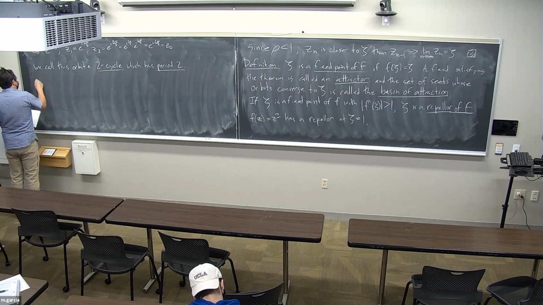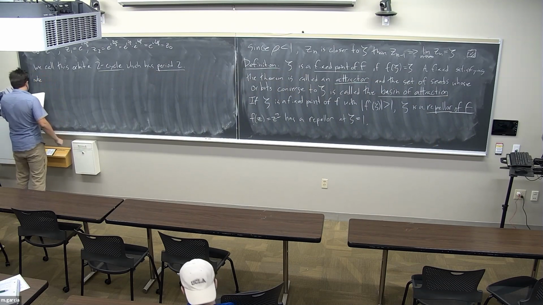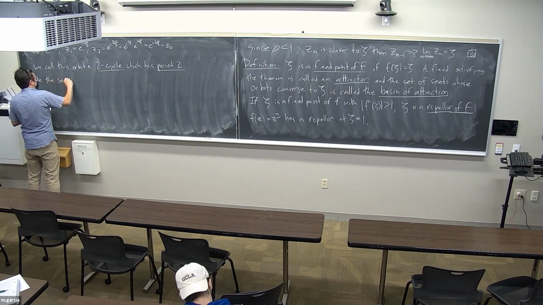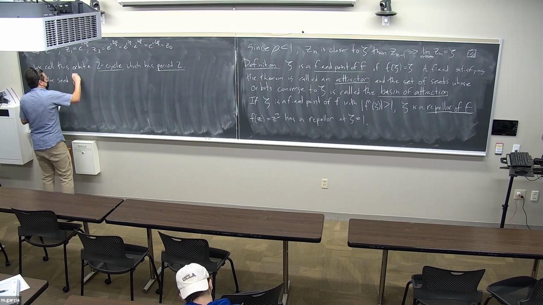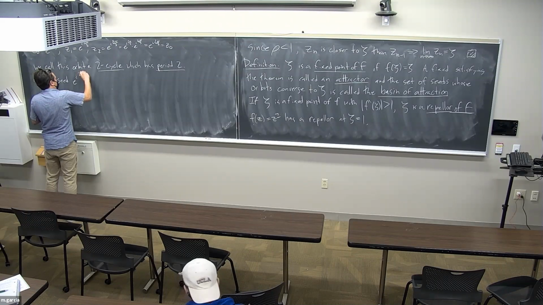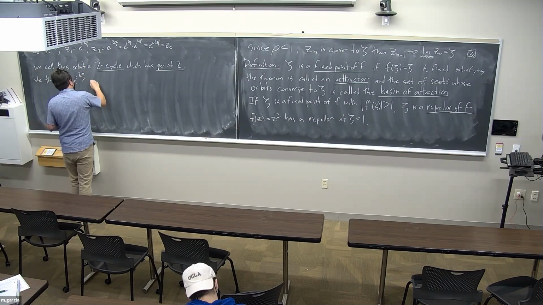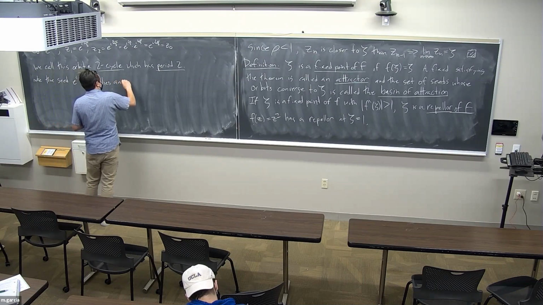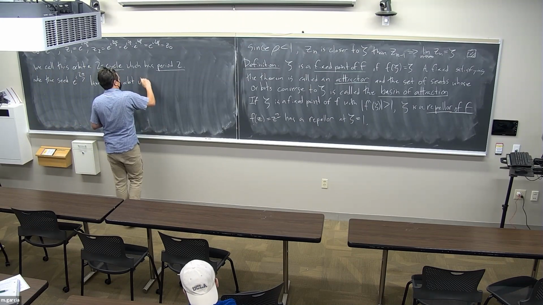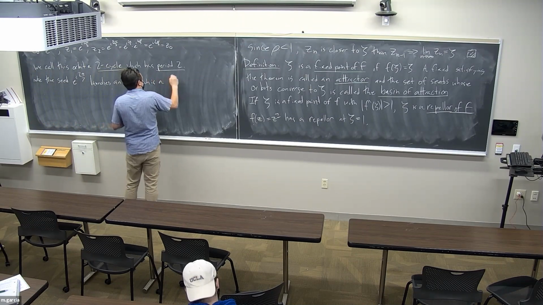Think about this also. Note that the seed e to the i 2 pi over 7 launches an orbit which is a 3 cycle.